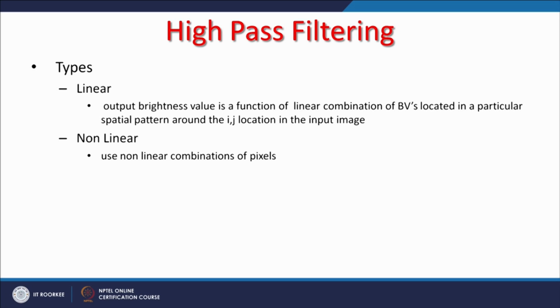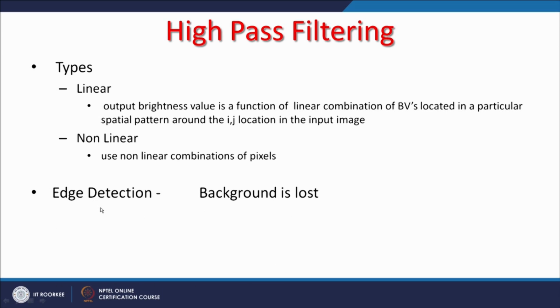The output brightness values in the case of linear is a function of a linear combination of brightness values located in a particular spatial pattern around the pixel ij location in the input image. And in the case of non-linear, we use non-linear combinations of pixels.